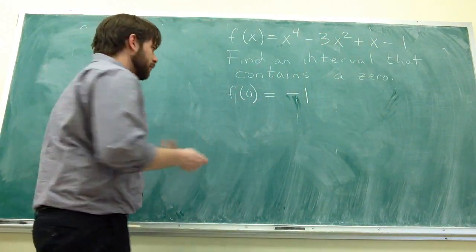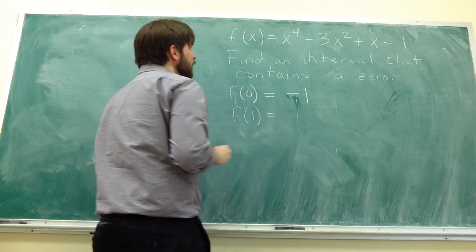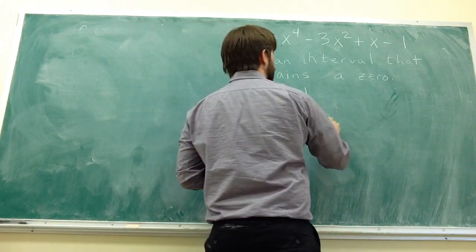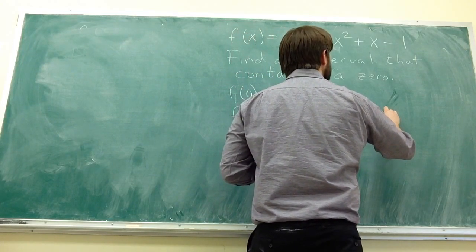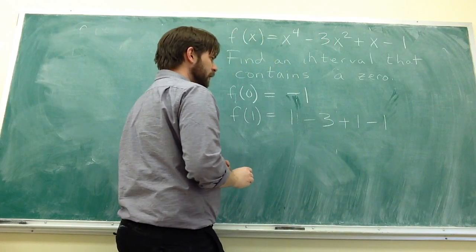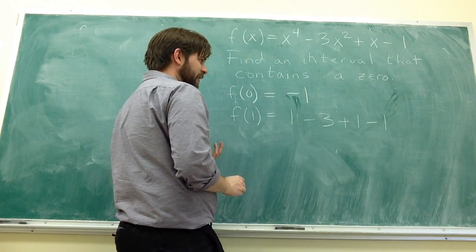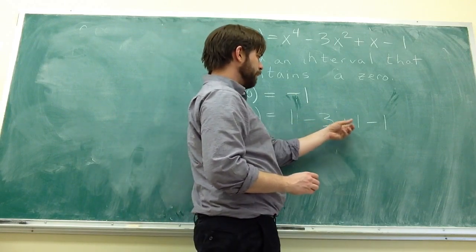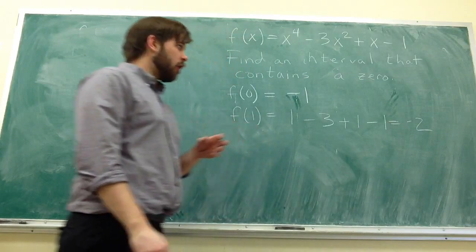Okay, so let's see what happens when we plug in 1. So we'd have 1 minus 3 plus 1 minus 1. So that one's not nearly as nice, but when we do that, we'll get negative 2. So we didn't change signs there at all.